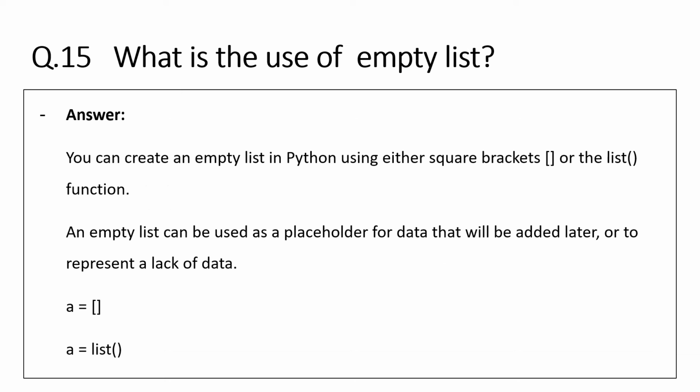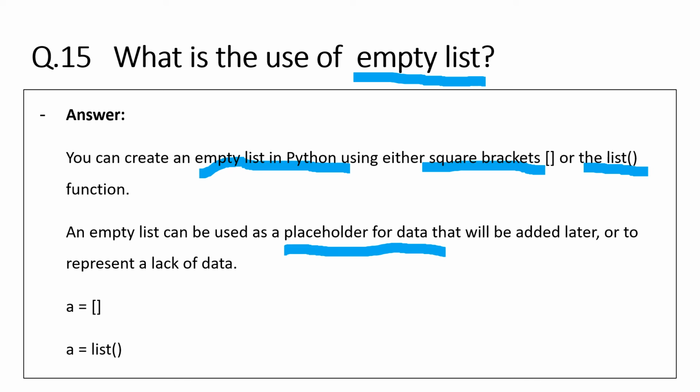Next question is, what is the use of empty list? We have already seen the Python list, that is a standard data type of Python. There is one concept associated with it, that is empty list. We can create an empty list in Python using either square brackets or the list function. An empty list can be used as a placeholder for data that will be added later, or to represent the lack of data.